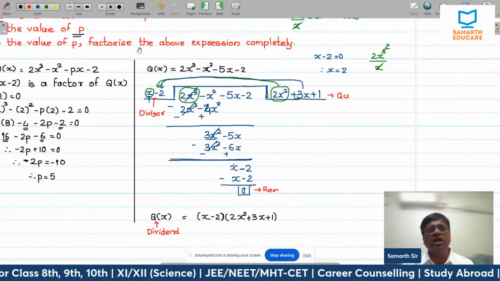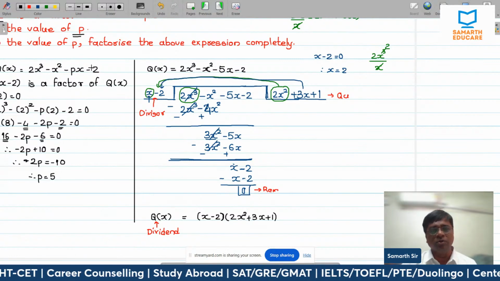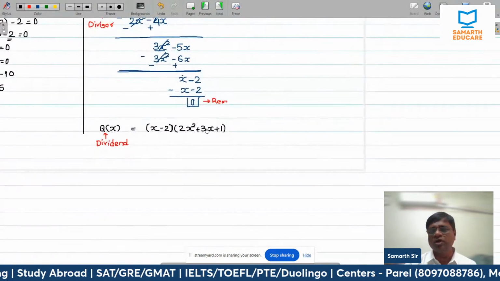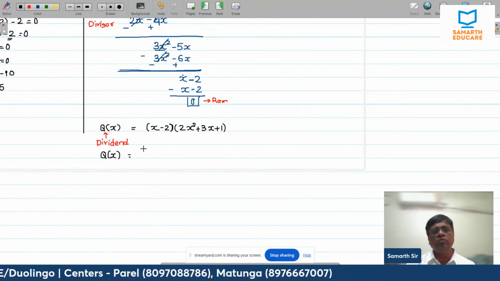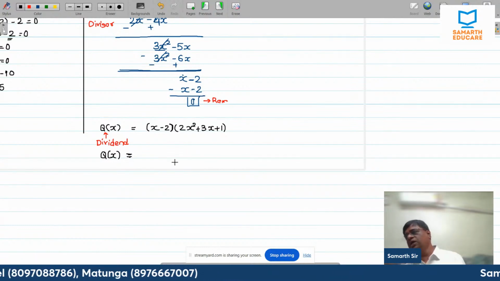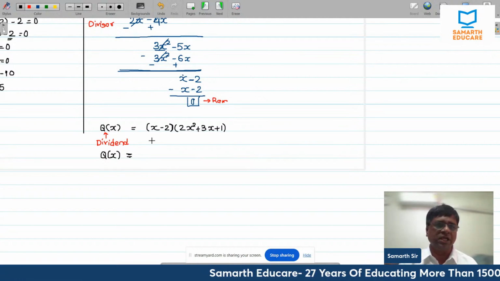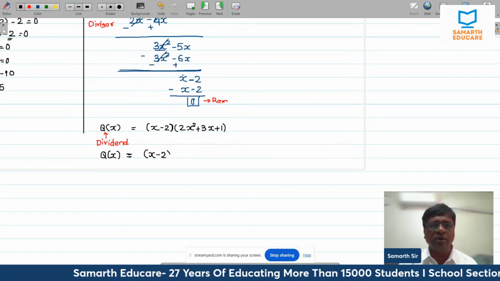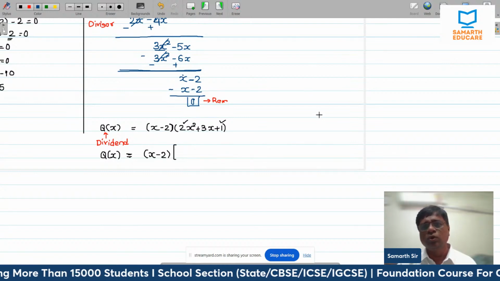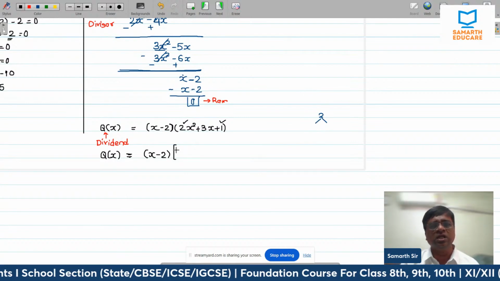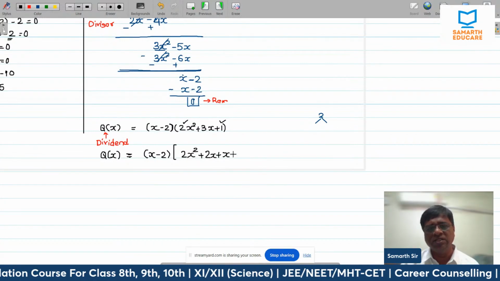Now the question was to factorize the expression completely. So have I factorized completely? I have done it partly, because if you look at the second bracket, it is 2x² plus 3x plus 1, which is a quadratic factor. So as we solved quadratic equations, hence I said that to understand this part, you should understand the previous chapter, quadratic equations, especially the second and third class. So x minus 2 has come here. Here I need factors of a into c, that is 2, whose addition is 3, and it is very simple. I will write 2x² plus 2x plus 1x and plus 1.